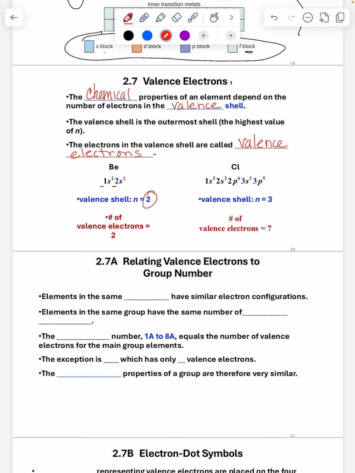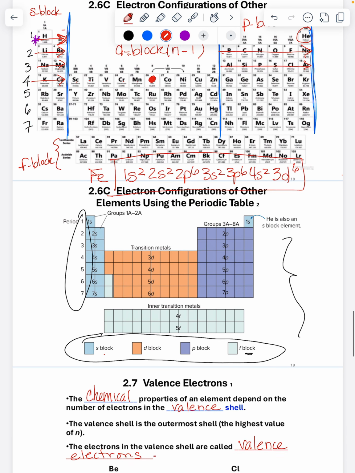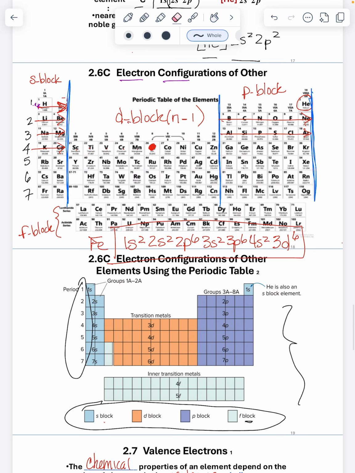So beryllium has 2 valence electrons. If we compare that to the periodic table, we can find beryllium. Here's beryllium. Notice it's in group 2. And so earlier we said that all elements in group 2 have 2 valence electrons. So that goes with this electron configuration as well.